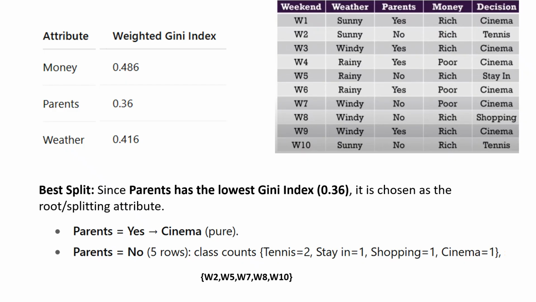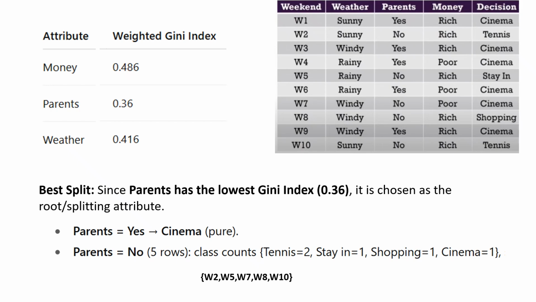For that purpose we use the information gain and also the Gini index to decide which one will be considered as the root node. So the best splitter here, out of the 3 attributes, is the parents attribute, which has 0.36, a low Gini index value. So we are going to choose that as the root node.